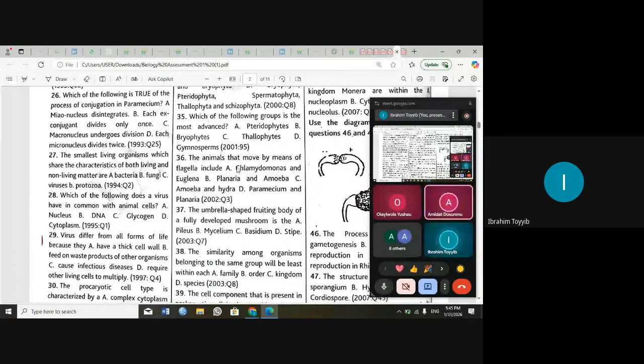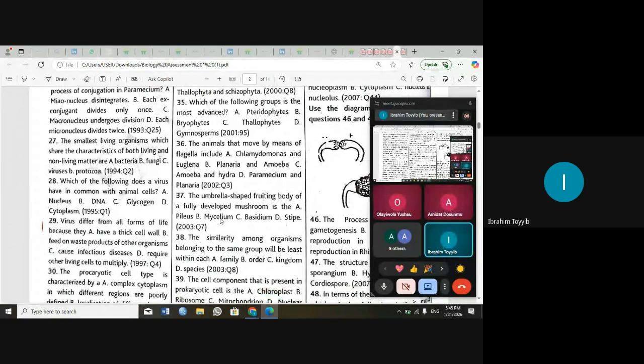The organisms that move by means of flagella include what organisms? Euglena and what? Chlamydomonas. So they both have flagella. Number 37, the umbrella-shaped fruiting body of a fully developed mushroom is the Pilus, Mycelium, or Basidium.